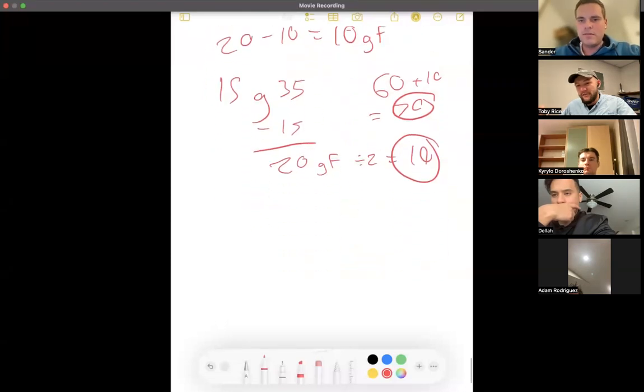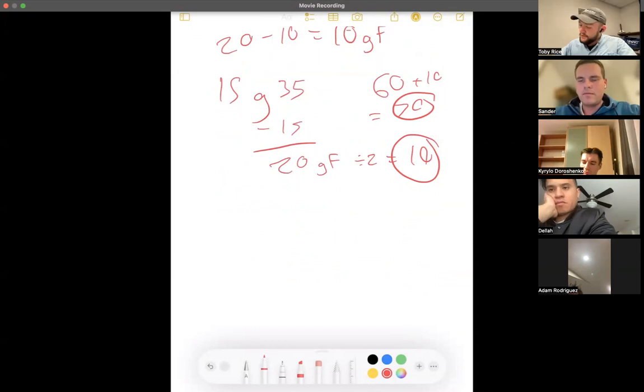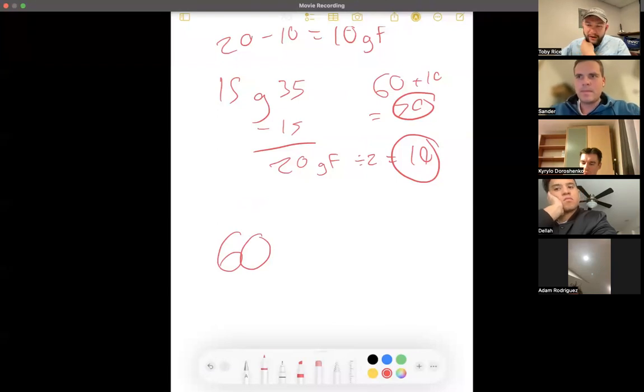I have never heard of that. That is really cool. So let's say the wind is 60 degrees off. You said divide by 10 and then add 2. 60 divided by 10 equals 6, plus 2 is 8.